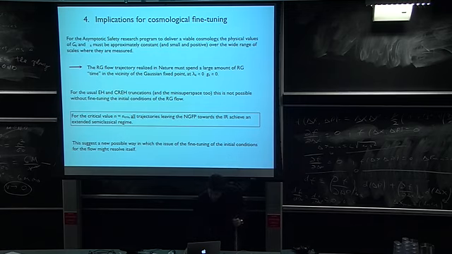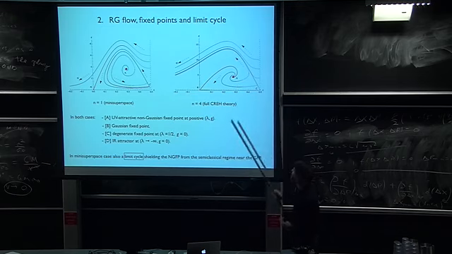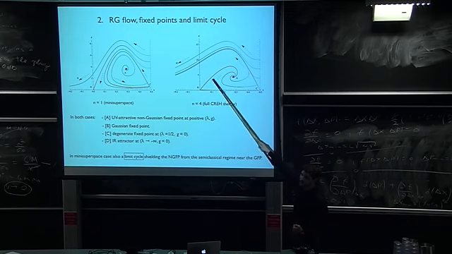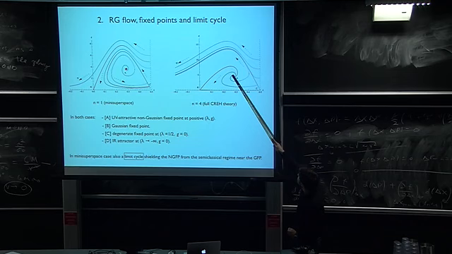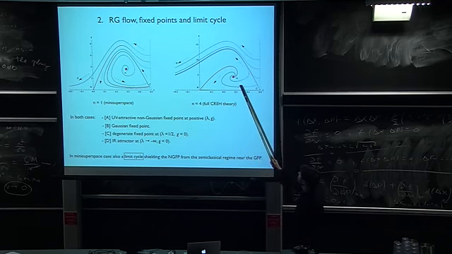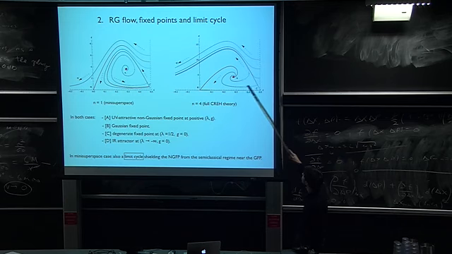And this means in practice that the RG trajectory followed by reality should spend a large amount of RG time, a large range of scales, very close to this point where the values of g and lambda are small. So not any trajectory leading from the UV fixed point will satisfy this. You have to have a very particular one that gets very close to there before being pulled away in this direction.